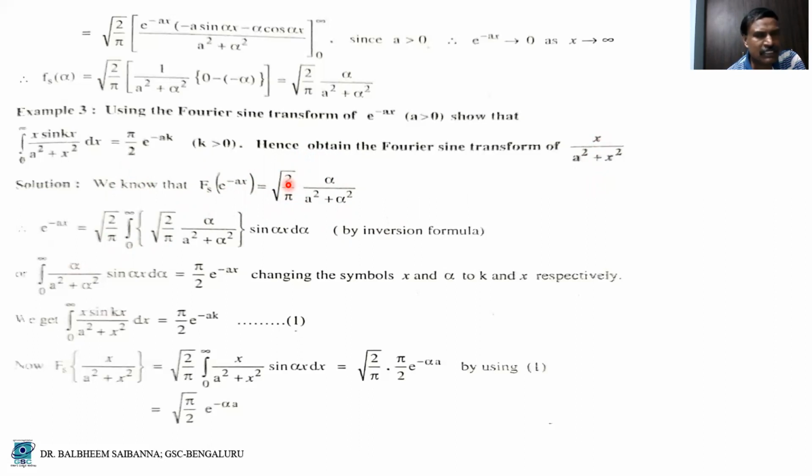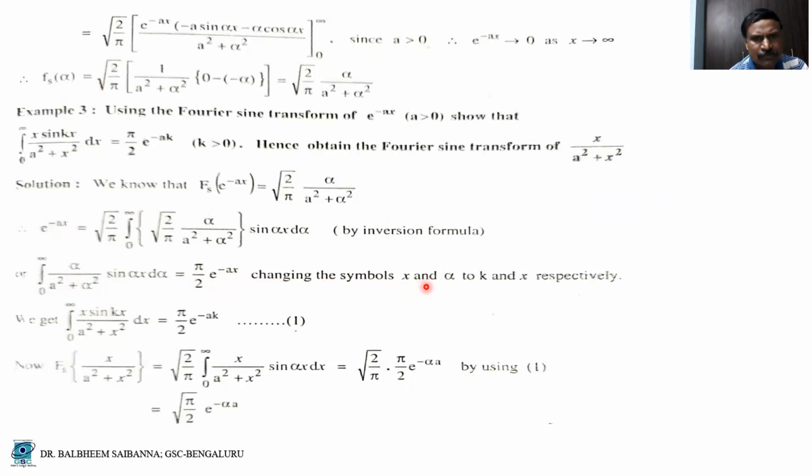Then by the inverse formula, integral 0 to infinity alpha divided by a square plus alpha square sin alpha x d alpha equals pi by 2 e to the power of minus ax.